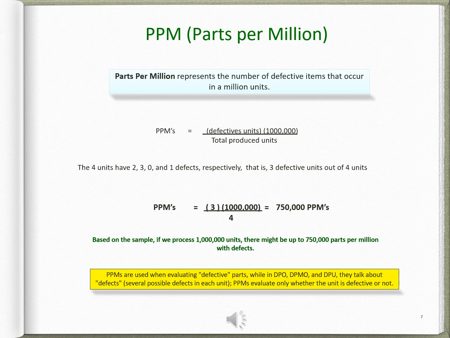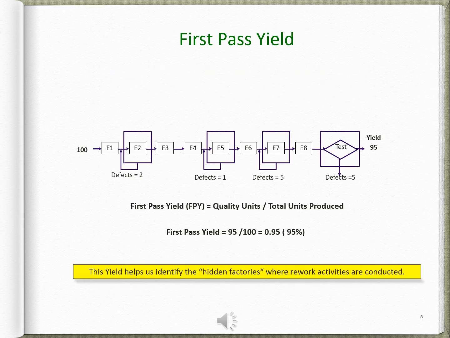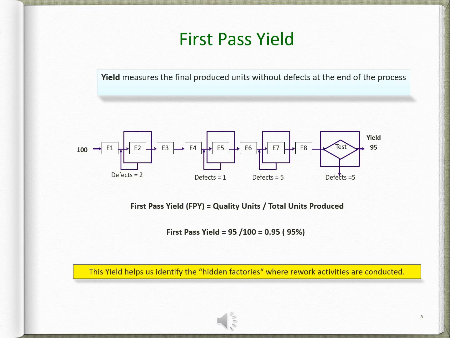Therefore, 3 defective units times 1 million, and then divided by the sample size, which is 4 units, gives us 750,000 ppm. In other words, based on the sample, if we process 1 million units, there might be up to 750,000 parts per million.